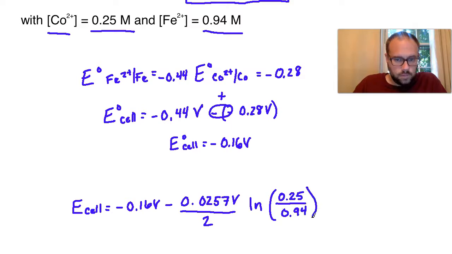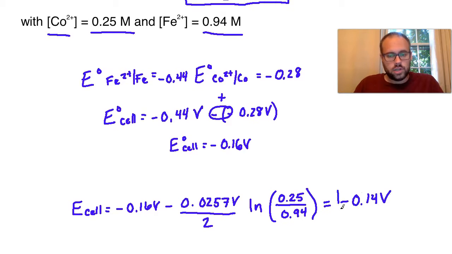0.94. And all I have to do is plug this into a calculator. So take a second to do that and see what you get. So if you do it all properly, you should have negative 0.14 volts.